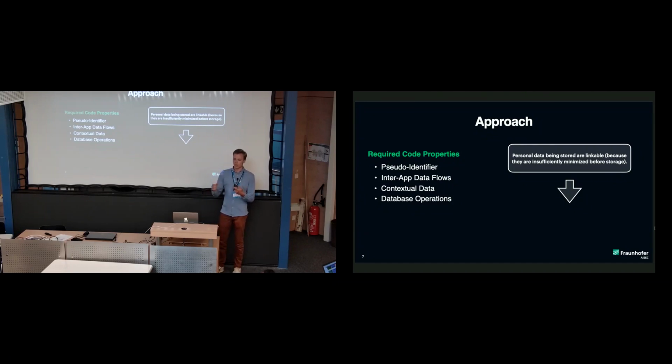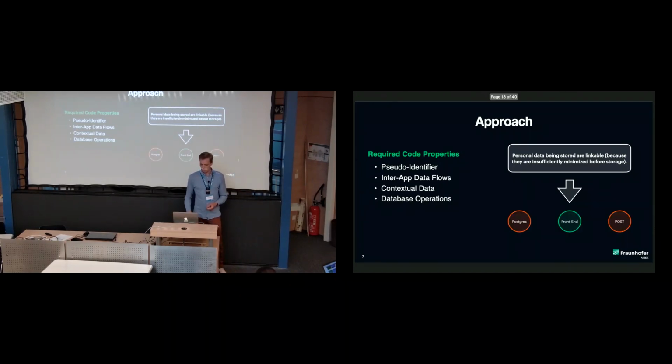You want to also detect data flows between applications to see where they flow from the user's front end, for example, to the back end. And eventually, you will also want to see in the graph where the data is stored, where there are database operations, where there are databases. So that's what we did in the first step. We translated these threats to code properties we later want to find in the graph to be able to detect them automatically.